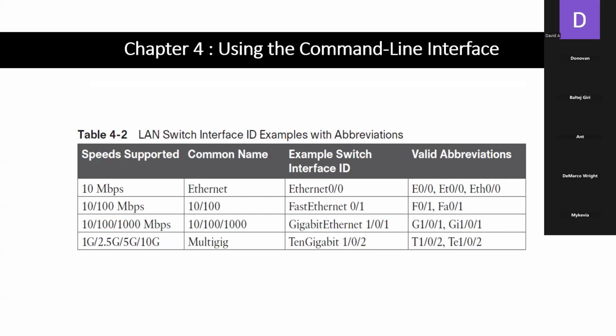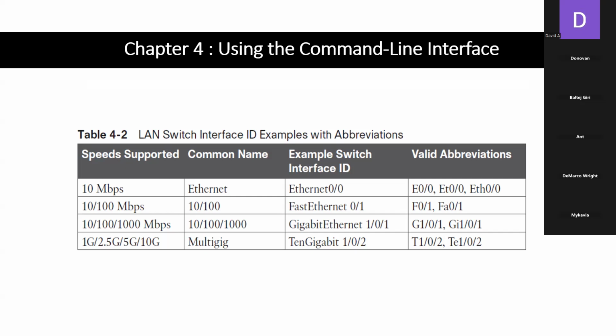So speed supported, 10 megabits per second. The common name, as you learned in previous chapters, is Ethernet. If we were looking within a network device that supported only 10 megabit per second interfaces, the interface would say Ethernet 0/0.